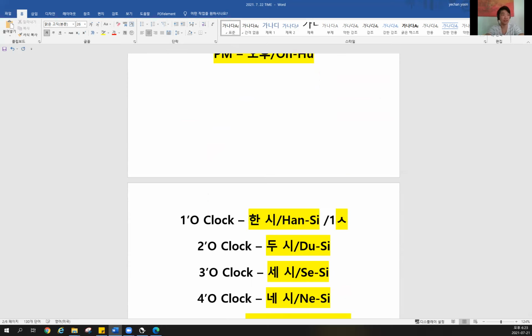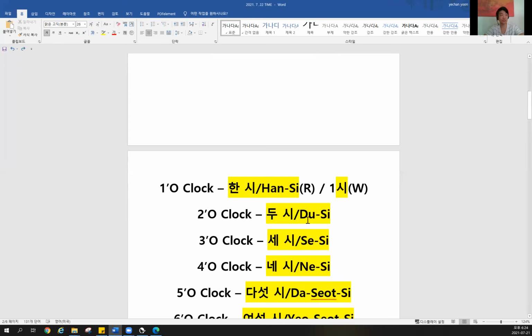But at the same time, when we want to pronounce it, what do we have to use? Yes, the changing form. So when we want to read the hour, 1 o'clock is 한 시. You can just write it with the number and 시 as well. It's all the same, so you can practice yourself.